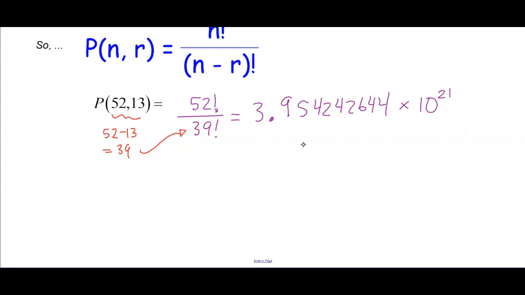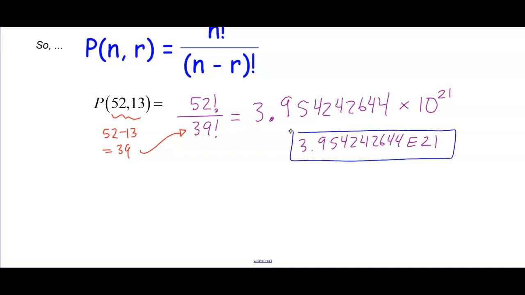It might say something like 3.954242644 E21. That's a pretty common thing to see on a calculator. They often display their answers like this. So that E on a calculator stands for scientific notation. That means times 10 to the 21.